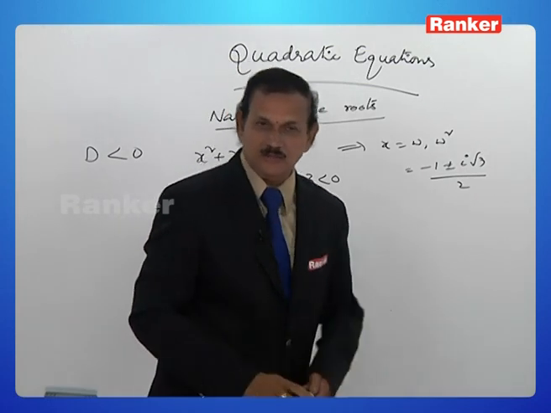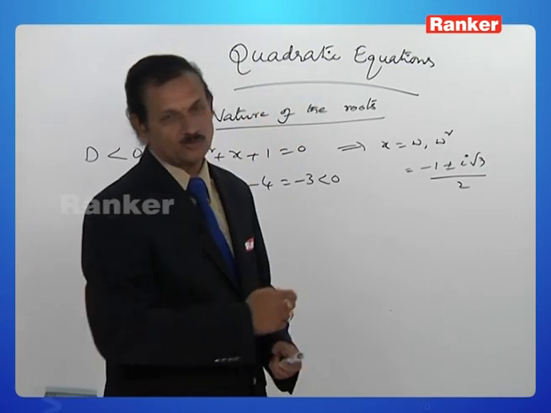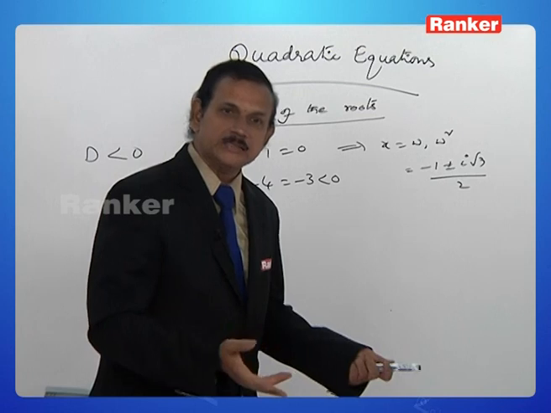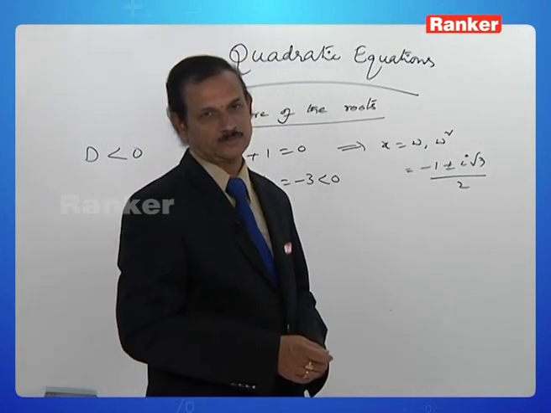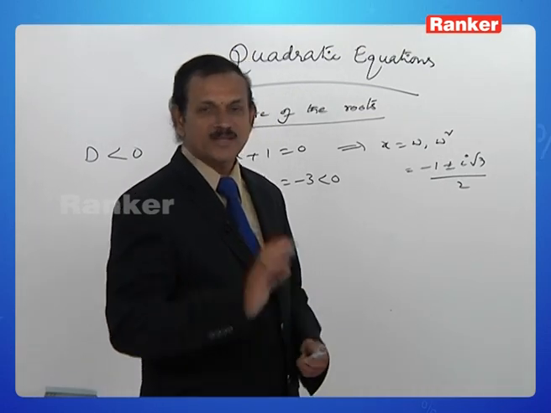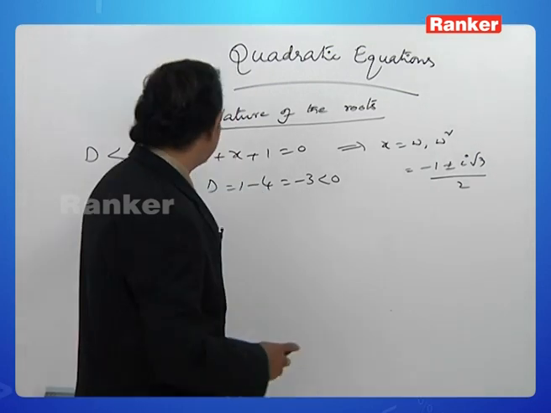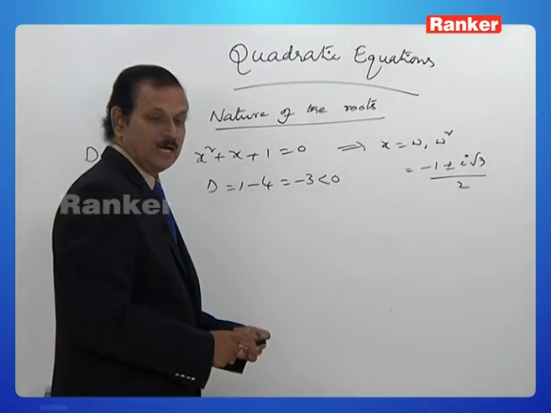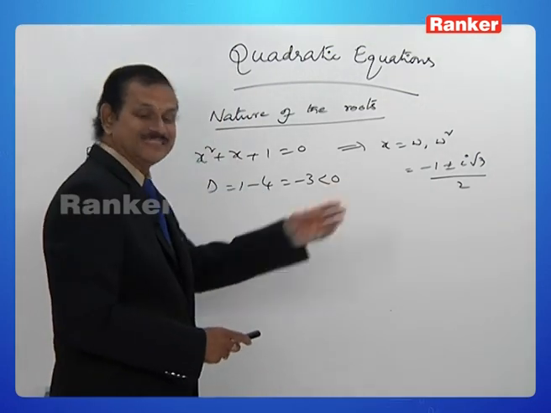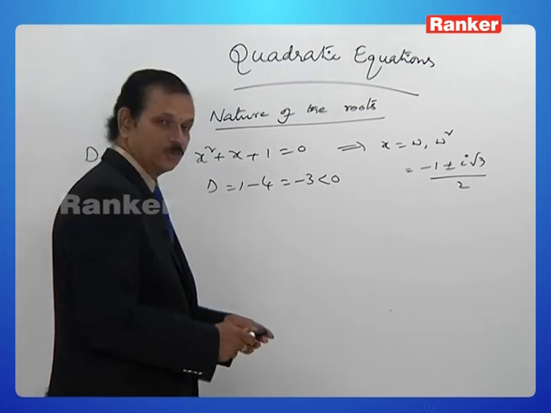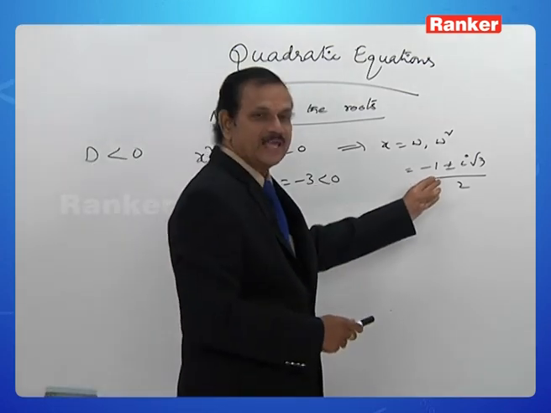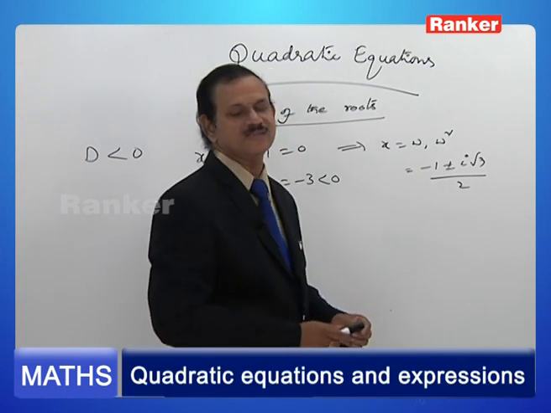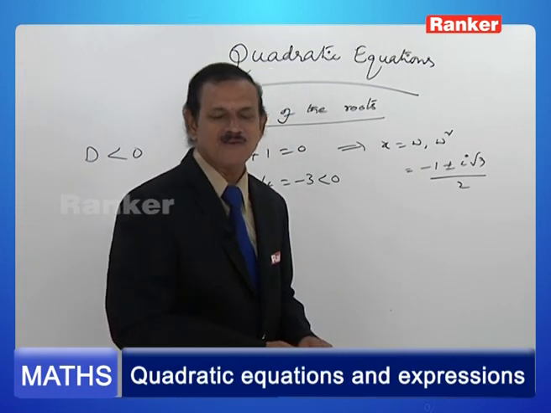What I mean to say is, if 2 plus 3i is a root of this equation, then 2 minus 3i is also a root of this equation. A complex root occurs when and only when the discriminant is less than 0. And if D is less than 0, the complex roots occur as conjugate pairs, not as a single complex root.